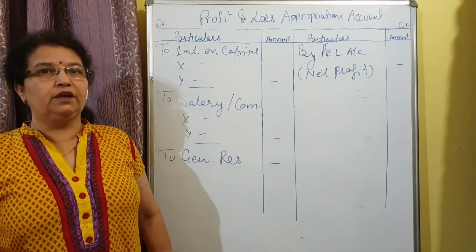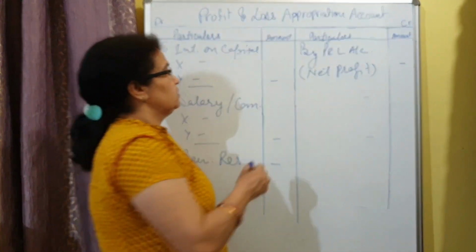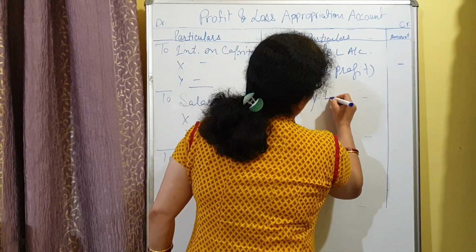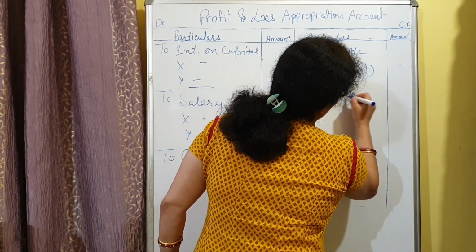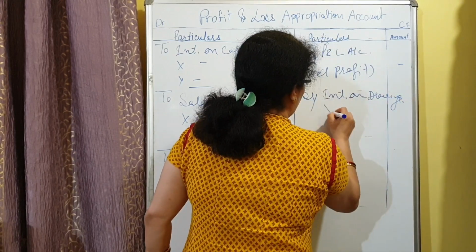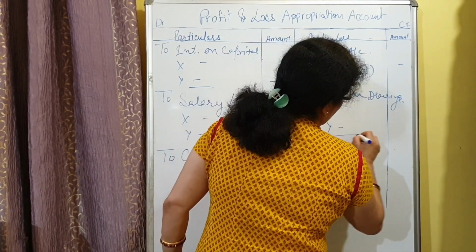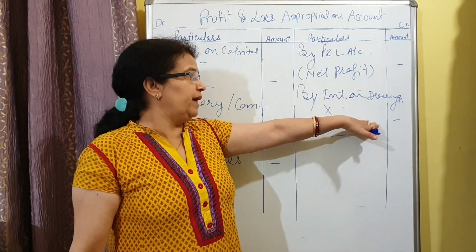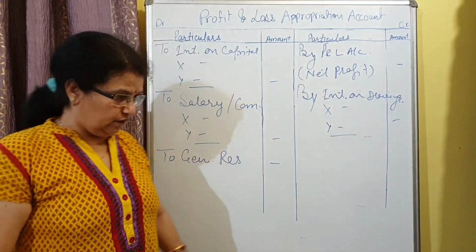If the firm has charged interest on drawings from the partners, then by interest on drawings, X and Y. In this case, partners have to make the payment of interest on drawings.